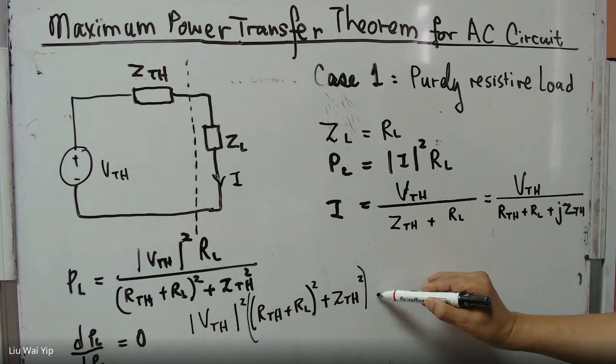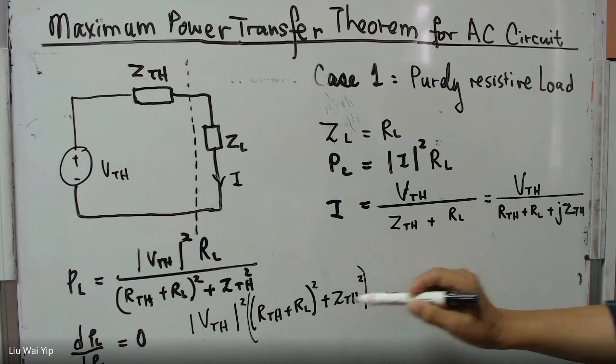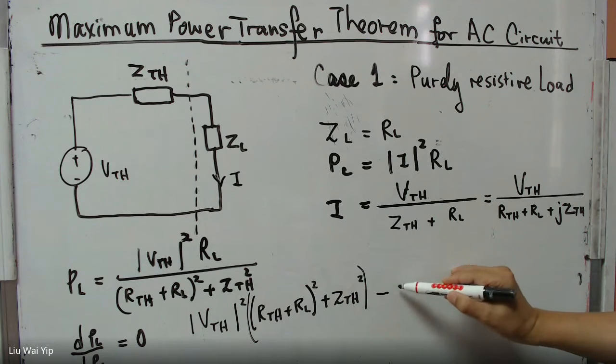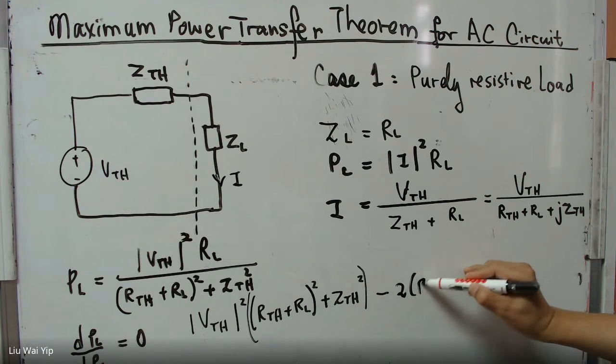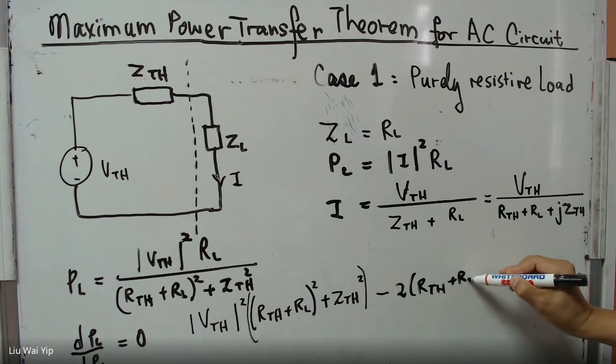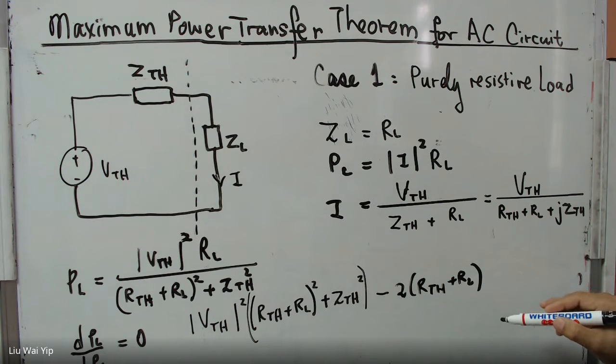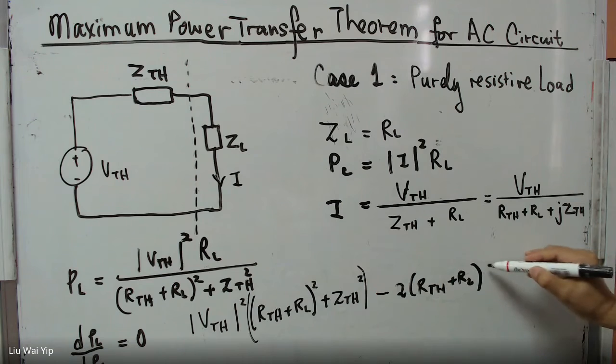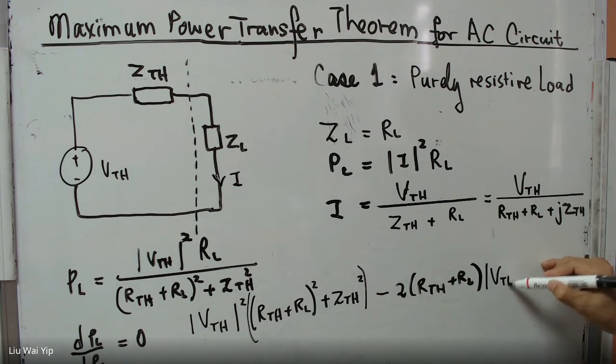And minus 2 times RTH plus RL, and then times the top.